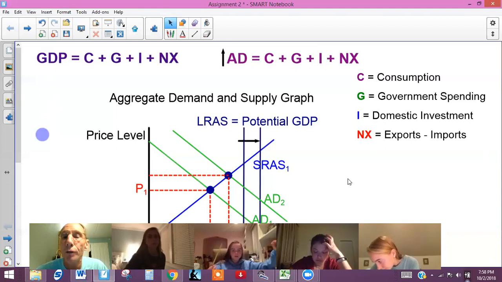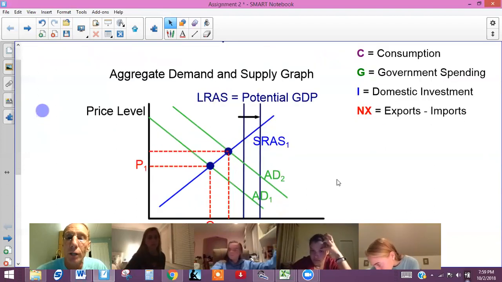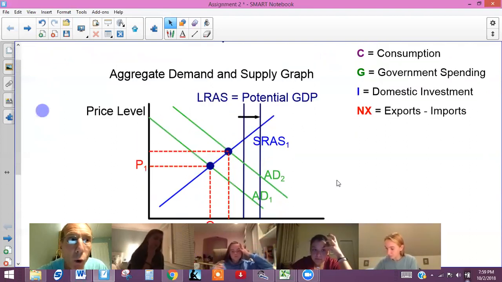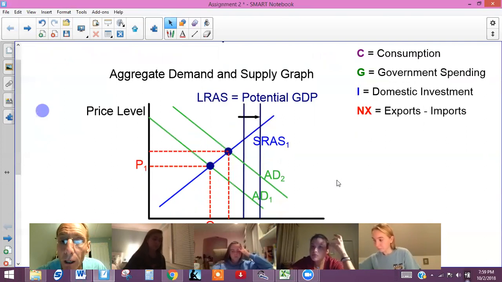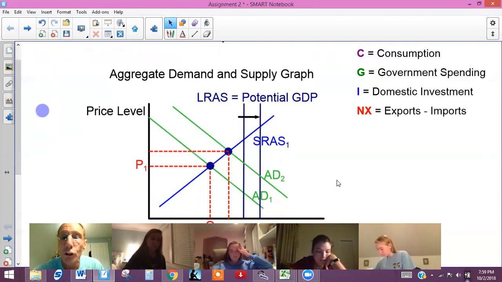So that's going to shift it out. And if you think about it, guys, it makes sense. If more firms are investing to build and to expand, well, that's going to increase aggregate demand, because what do you have to do to expand?